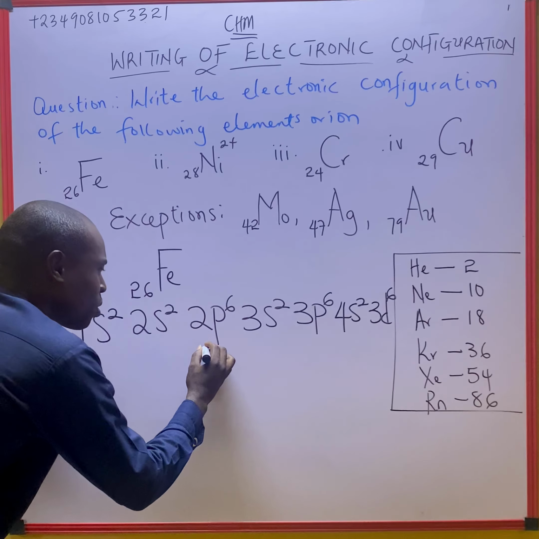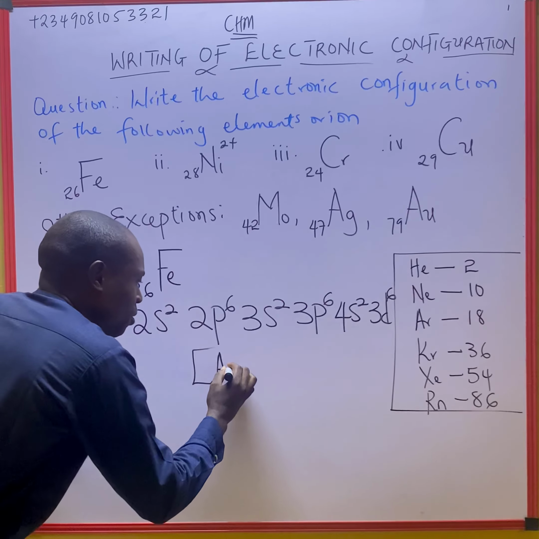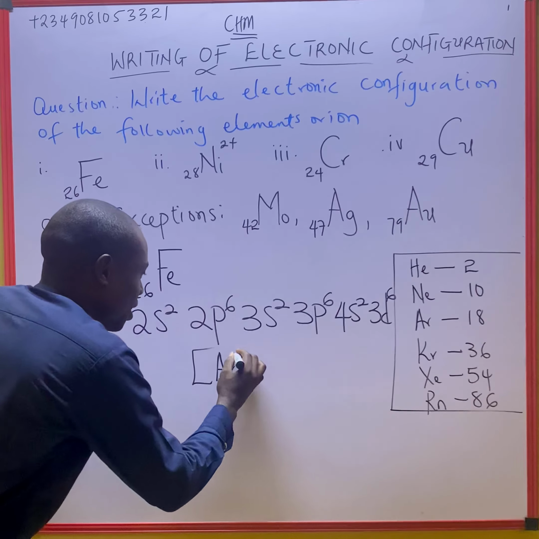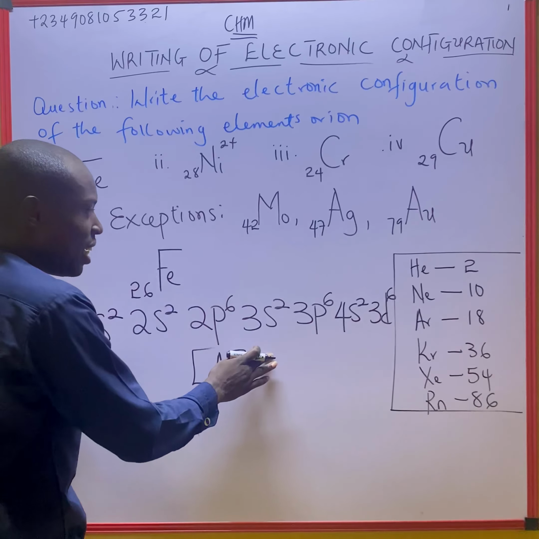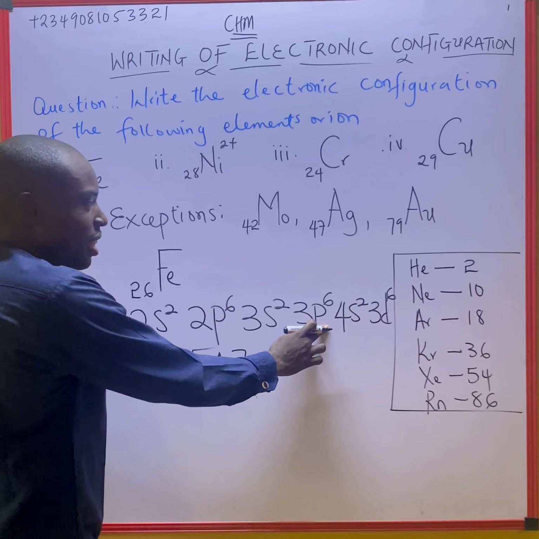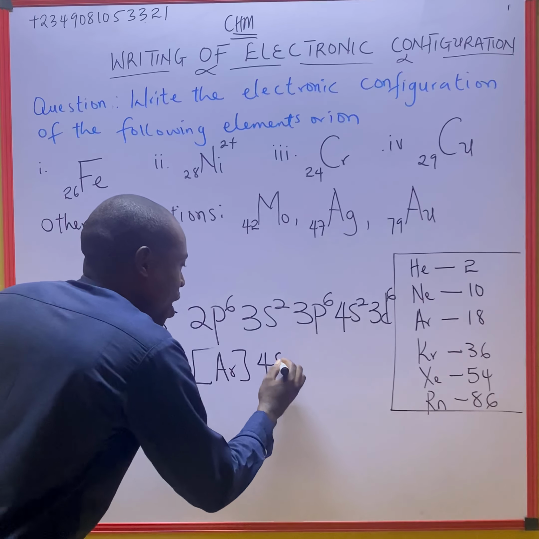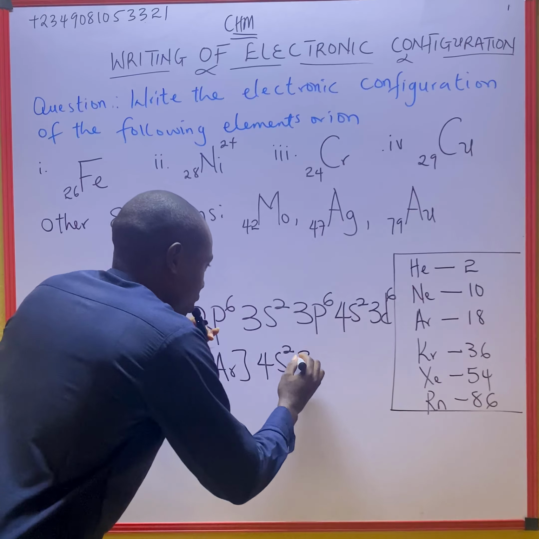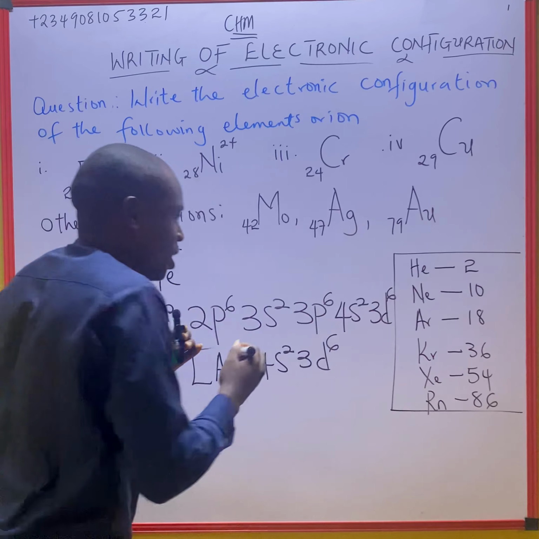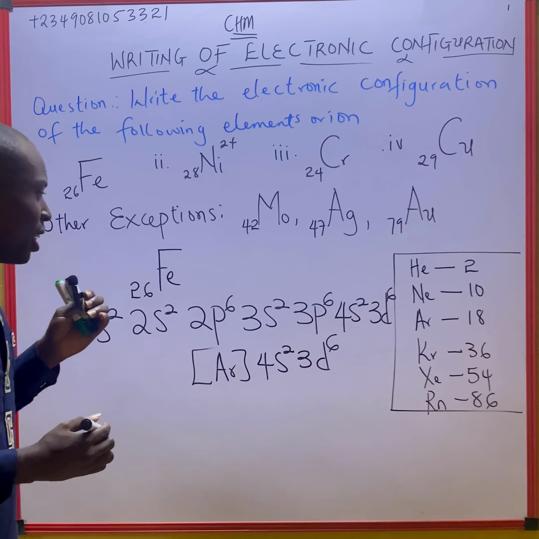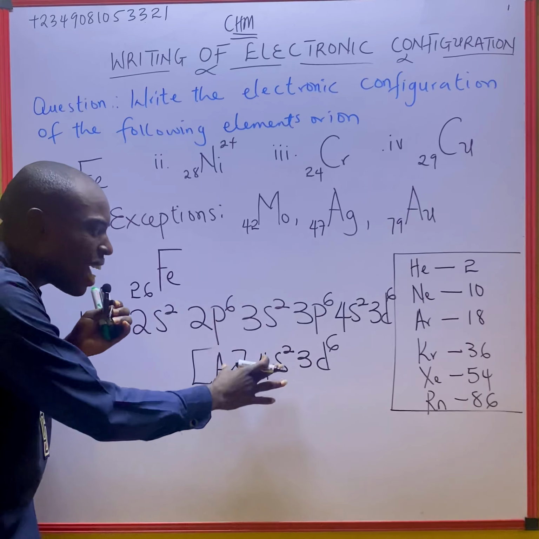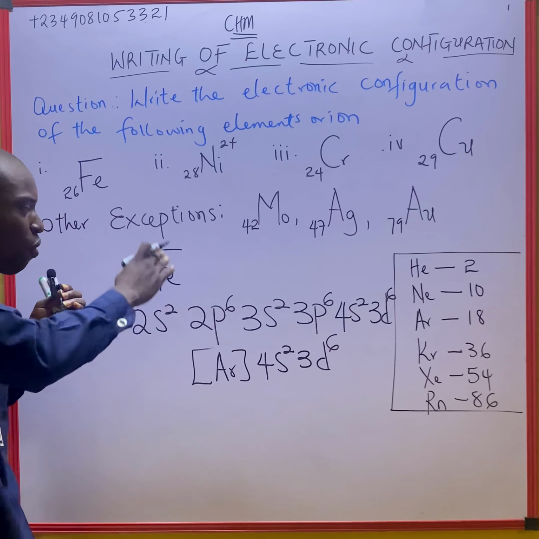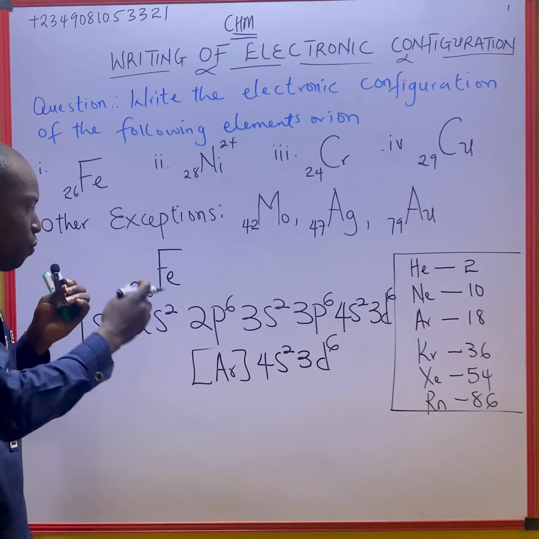So I can say argon, which is already 18. From here, I can now say 4s2, then 3d6. 4s2, 3d6. So this is the correct configuration of iron.